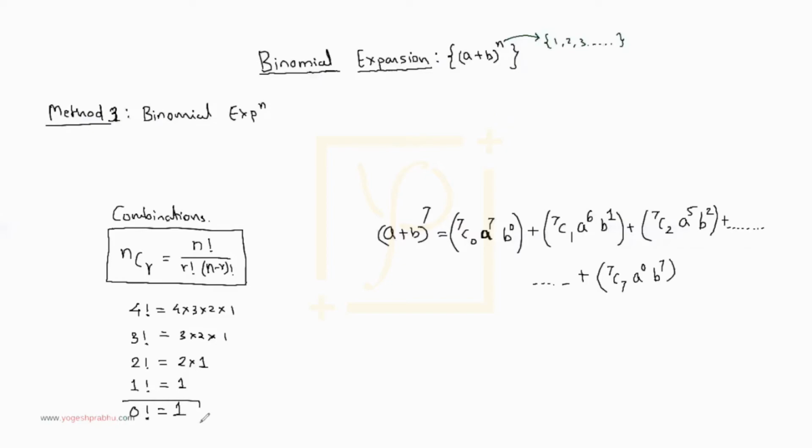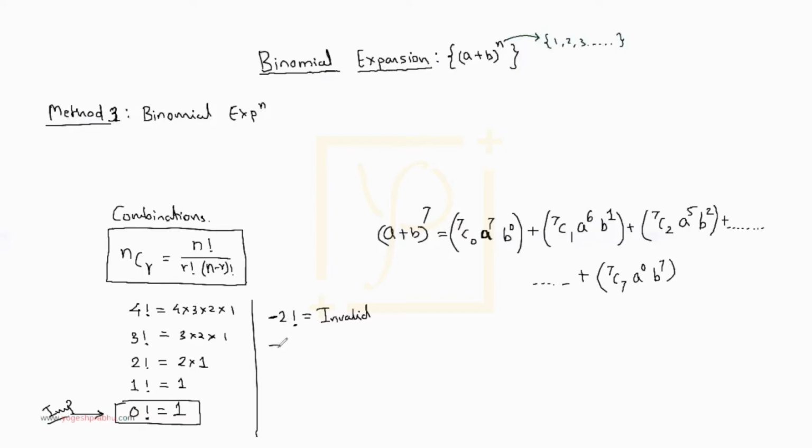Make a good note of this point, that the value of 0 factorial is just 1. And there are a few more things that I want you to understand. After 0 factorial, what if I say minus 2 factorial? Minus 2 factorial is invalid. You basically cannot find factorials of negative numbers. Factorial is not valid for negative numbers.